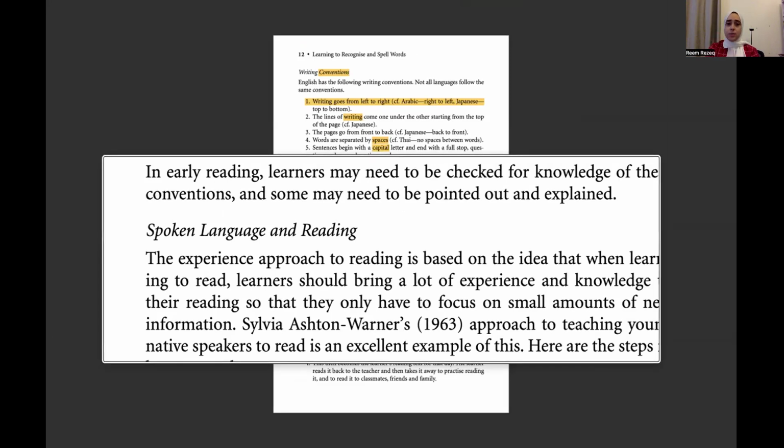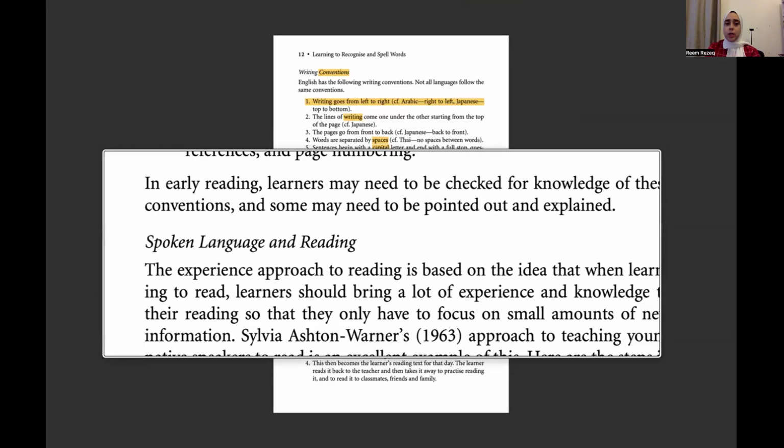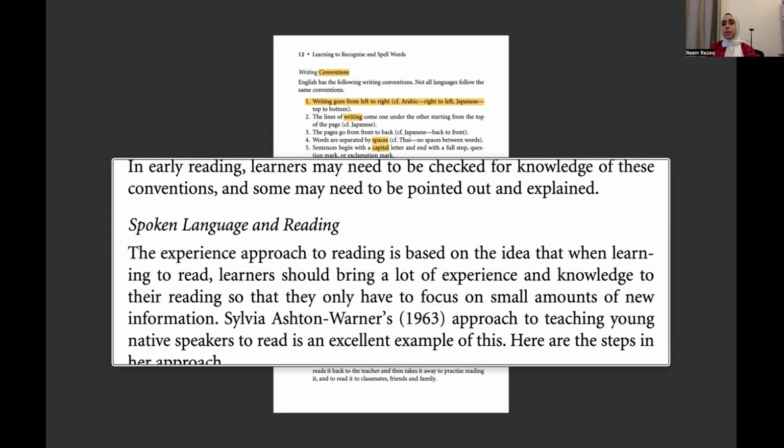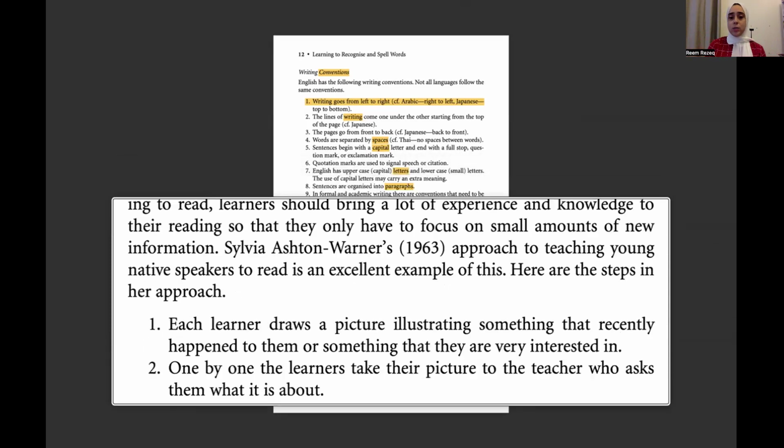We have a theory that we call the experience approach. This skill is based on the idea that in learning to read, the learner should bring a lot of experience. With reading we gain culture. The more we develop ourselves and the more we read, the more we know about cultural awareness. It always gives you cultural awareness. So this brings a lot of experience to yourself, because you read more and you explore many things.